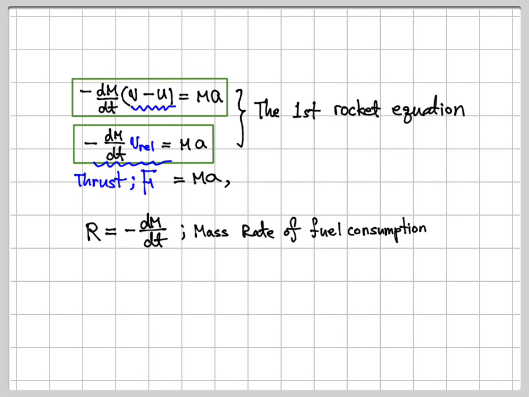Now let's derive the second equation. We write out the first rocket equation without the time duration dt. We divide both sides by m, and we integrate both sides.